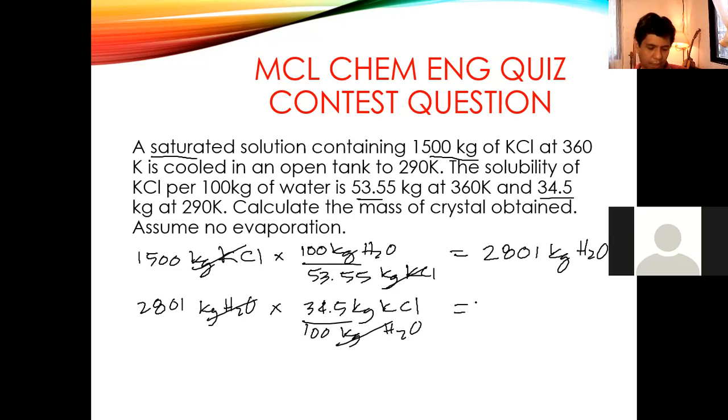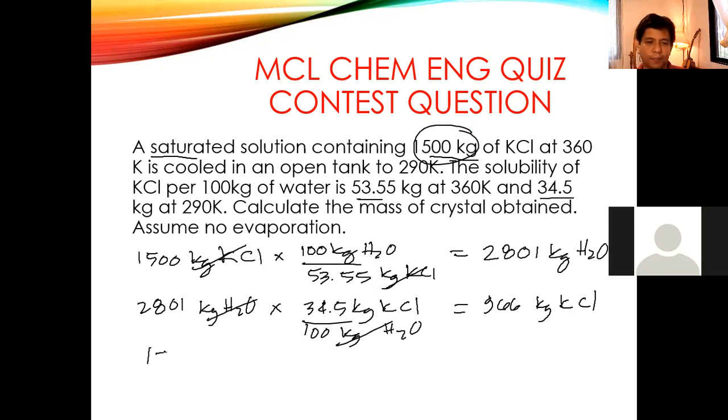So 2,801 times 34.5 divided by 100, 966. So 966 kilogram KCl. Ito yung potassium chloride na nandoon pa sa water. So i-minus niyo dun sa original na 1.5, that would be the answer, di ba?